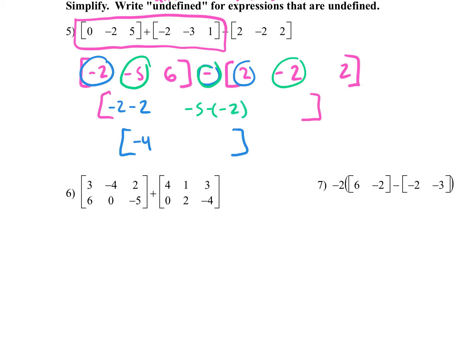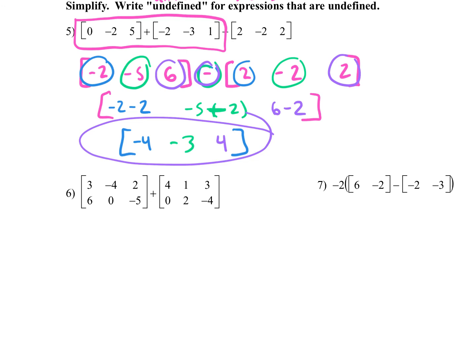What happens when you have minus a negative? It becomes plus. So what's -5 plus 2? -3. And then lastly, I have 6 minus 2. What's 6 minus 2? 4. Awesome. So that's my answer.